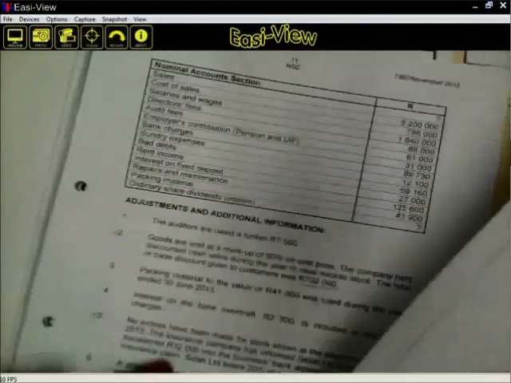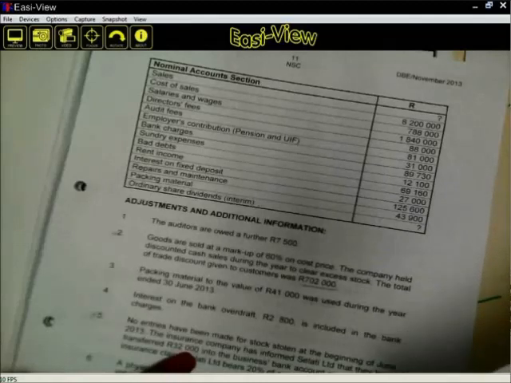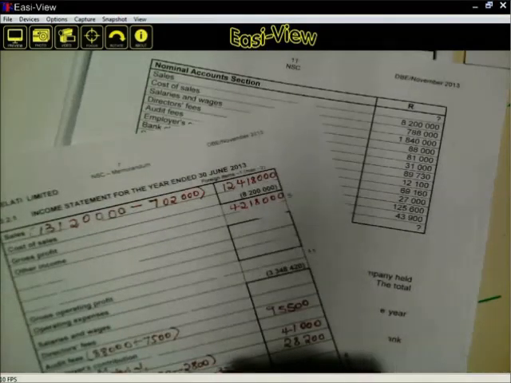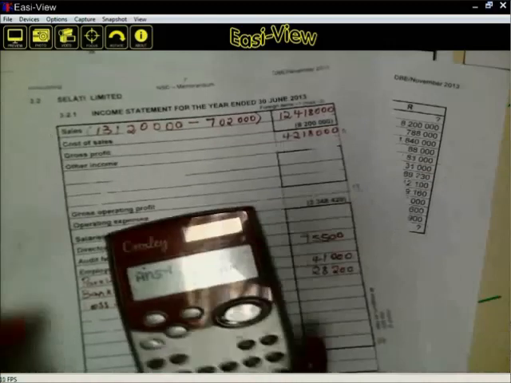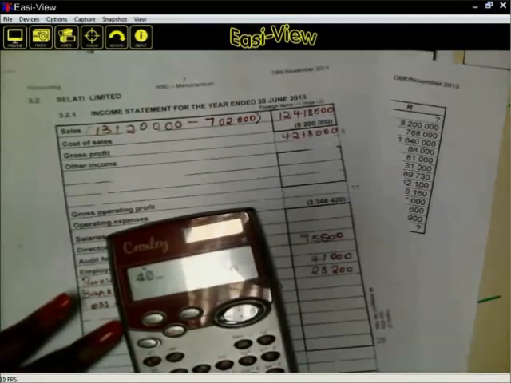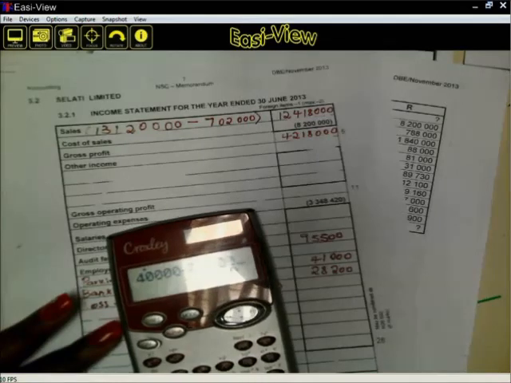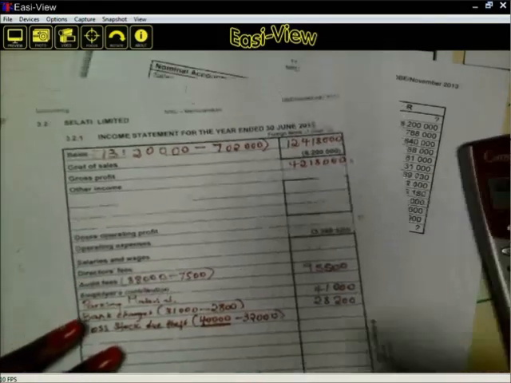So we must subtract the amount that was paid by the insurance company, the compensated amount of 32,000, so that we can see how much we have actually lost. So 40,000 minus 32,000, then we'll be having 8,000.